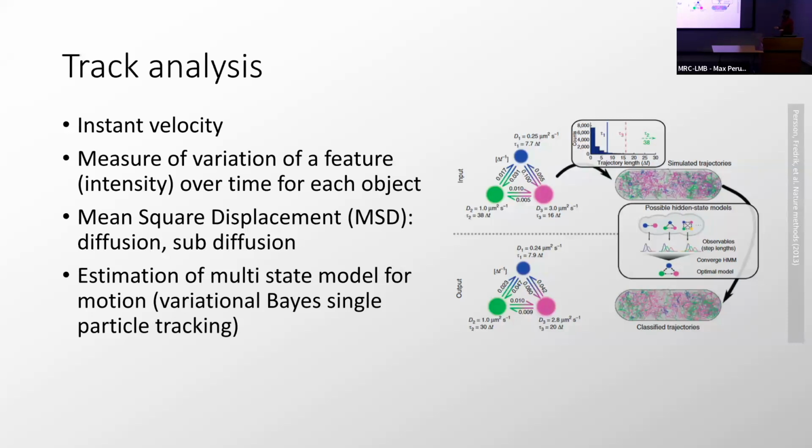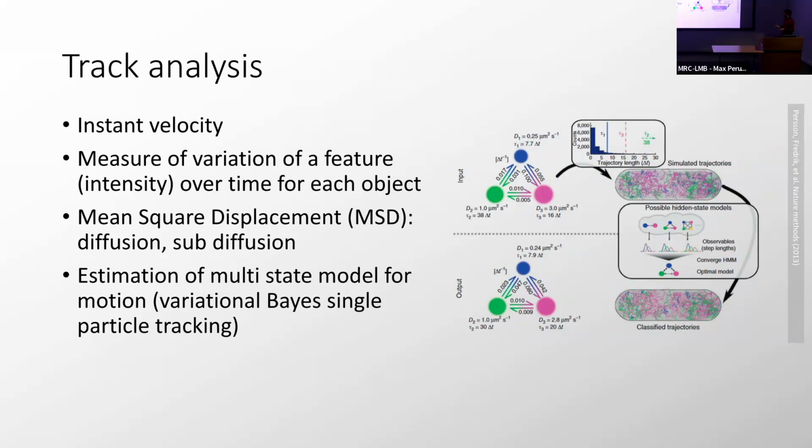In practice, mean square displacement is very difficult to obtain in microscopy data because you need a lot of tracks. It's like an ensemble measurement, so you need a lot of data. It works when you have many long tracks, so this is a bit hard.